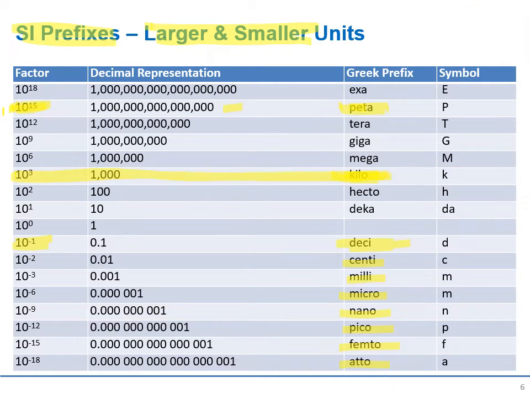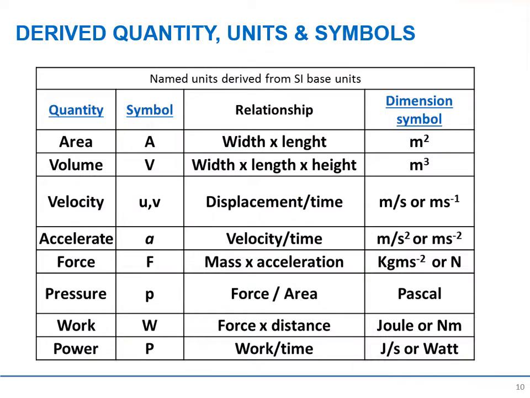If you do higher studies in physics or the sciences, you will generally see these prefixes with the numbers. Nanometer means 10 raised to the power minus 9 meter. Micro means 10 raised to the power negative 6. These are the prefixes that we generally use with numbers in science.